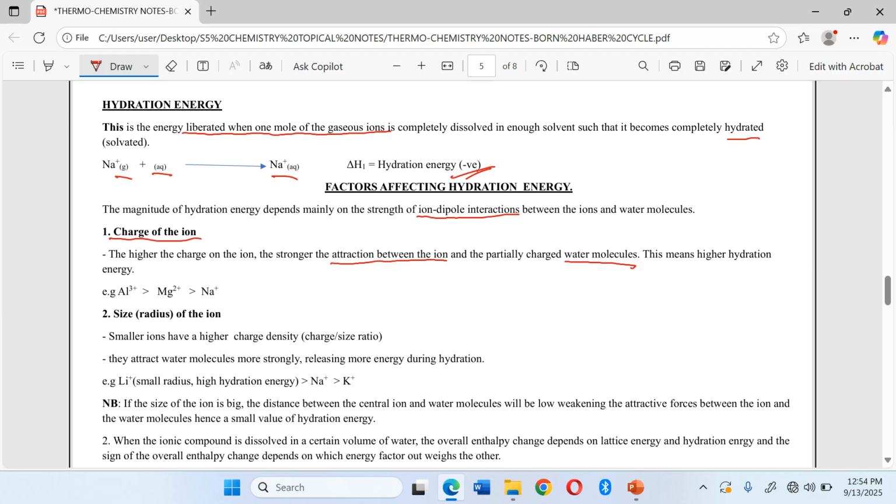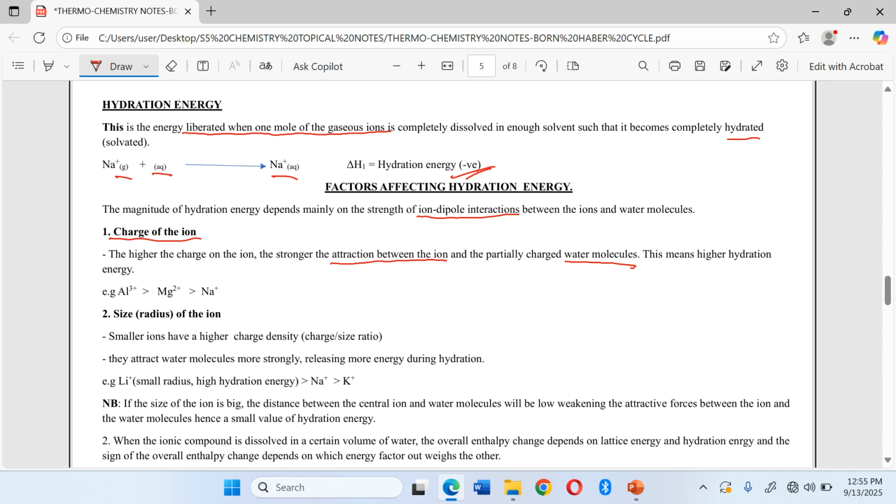So if you have understood lattice energy, then these two cannot be very hard for us, because we know that if the charge is high, there is a stronger attraction between the ions. And this time round we have the ions of the metal, the gaseous ions, and also the ones for water, because in hydration we are dissolving the gaseous ion in water so that it becomes hydrated, or what you call solvated.